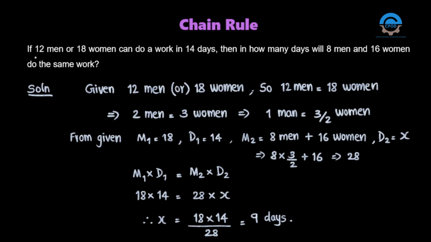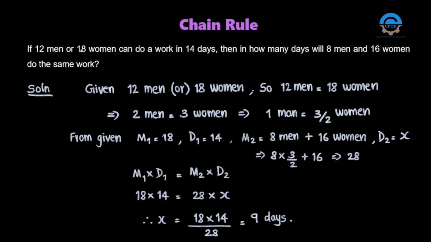Here our problem is: if 12 men or 18 women can do a work in 14 days, then in how many days will 8 men and 16 women do the same work? Here in the first scenario, it is given 12 men or 18 women can do a work in 14 days. In the second scenario, it is given 8 men and 16 women.